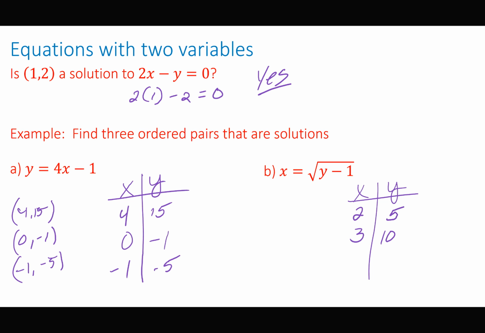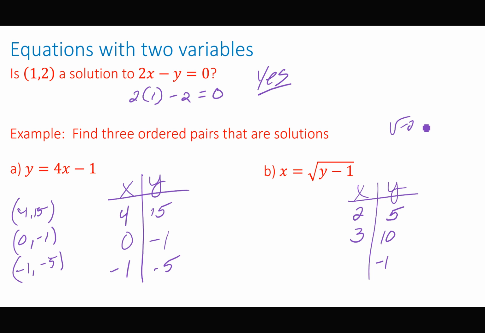Okay. Let's see. Kenzie, give me a number. -1. Okay. So if I put -1 in here, what are we going to get for an x output? So -1 minus 1 would be what? -2.